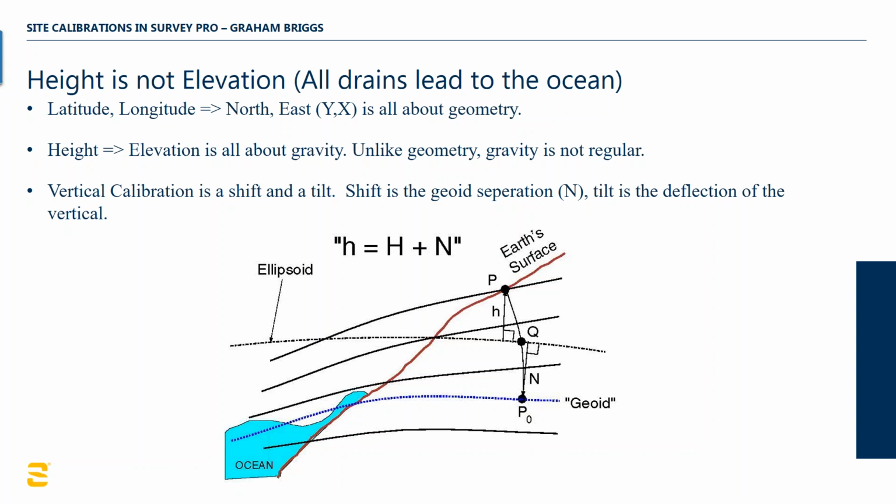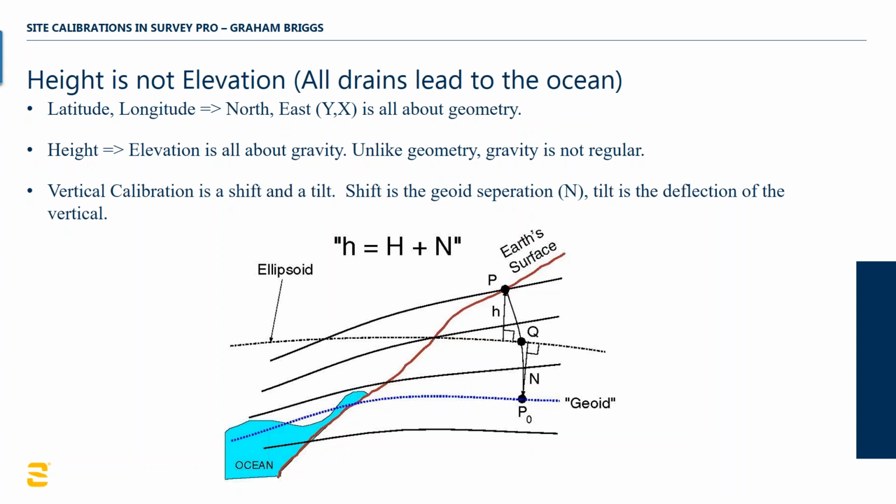Measuring a latitude and longitude on an ellipsoid, running it through some map projection, applying a similarity transform to get it to fit to your local stuff. That's all about geometry. However, taking that height and turning it into the elevation, that's all about gravity.